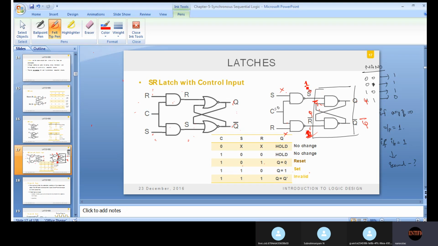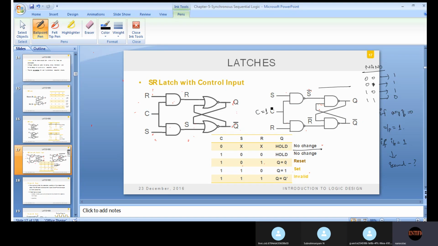So whenever this 1 and 1 is given to this NAND gate, it will be in the previous state. When the control signal is equal to 0, it stays in the old state. There will be no change in the value of Q and Q bar.